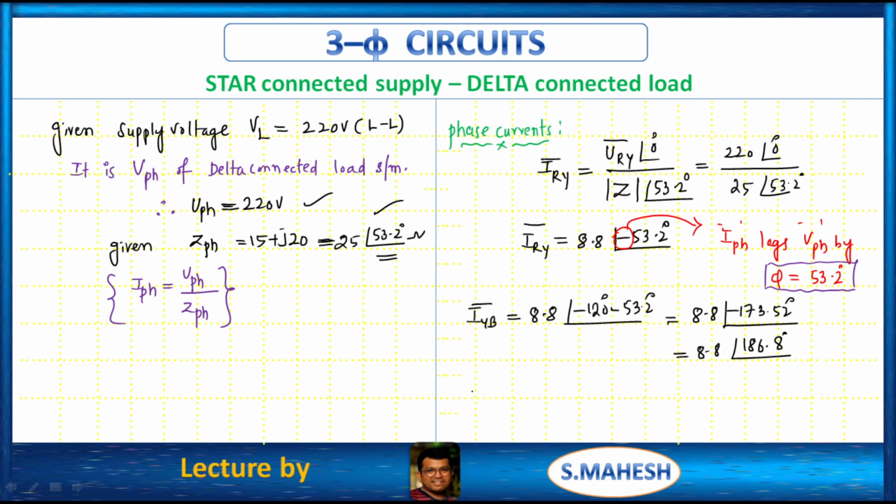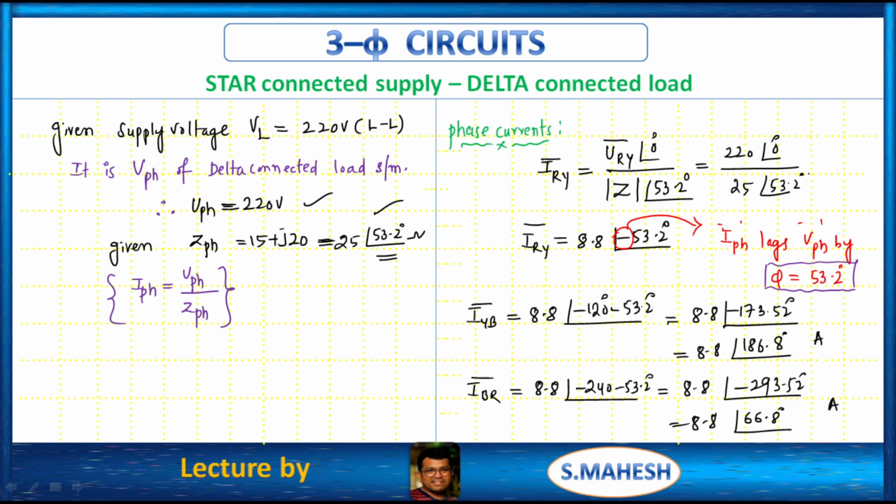Like that, IBR is 8.8 at an angle minus 240 minus 53.2, right? Which is 8.8 at an angle minus 293.52 degrees, which is 8.8 at an angle 66.8 amperes.